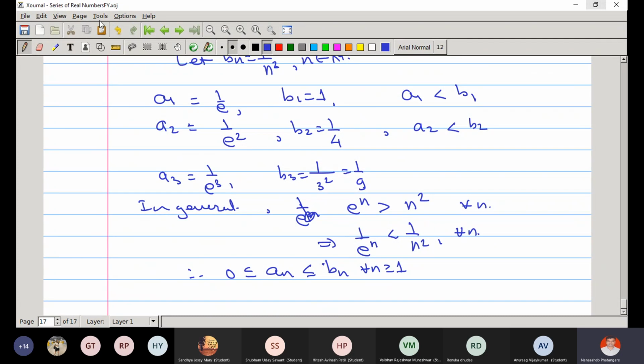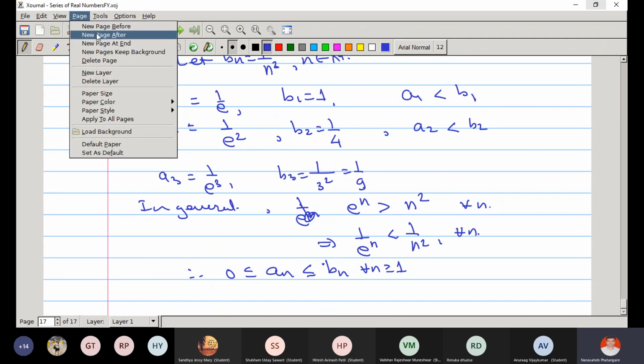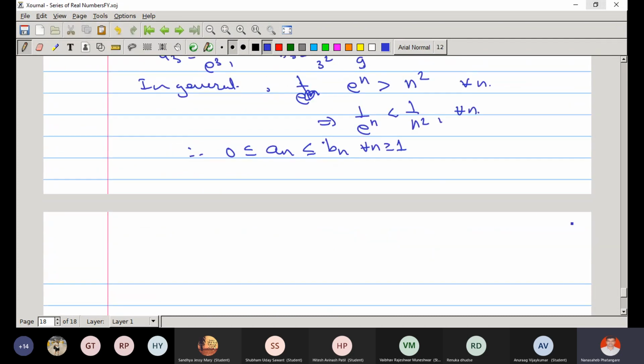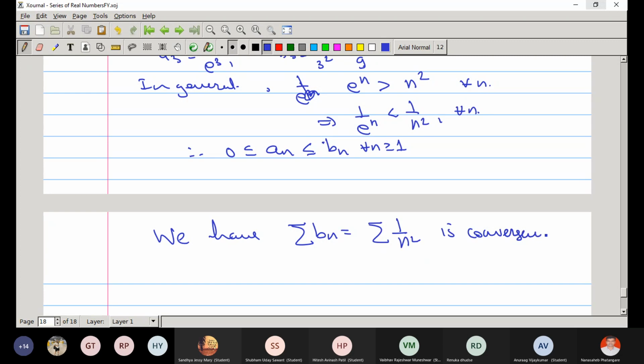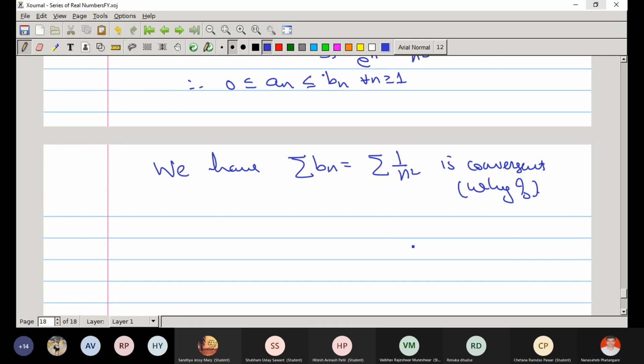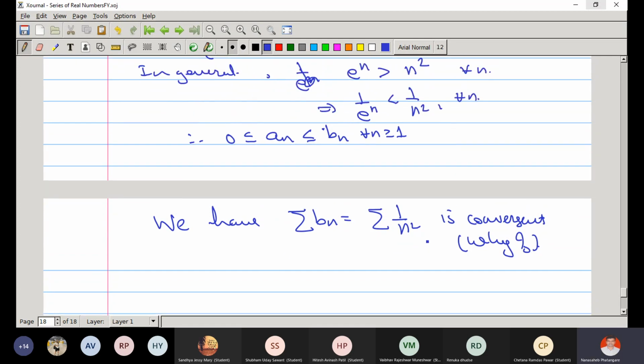So now you observe this and what can we predict from this? What is the bigger series Bn? 1 by n square is convergent, right? So why is it convergent?